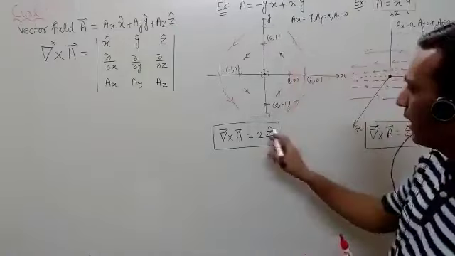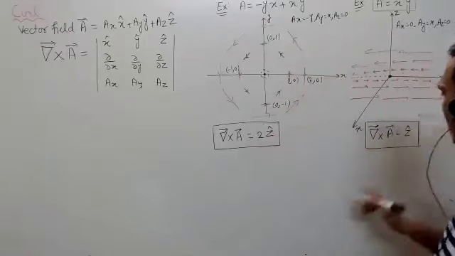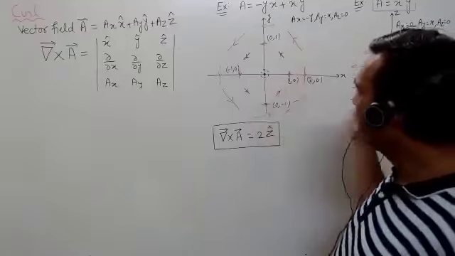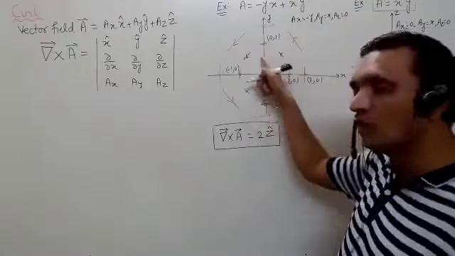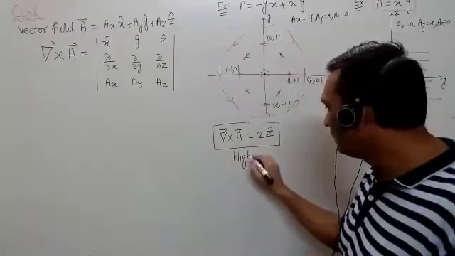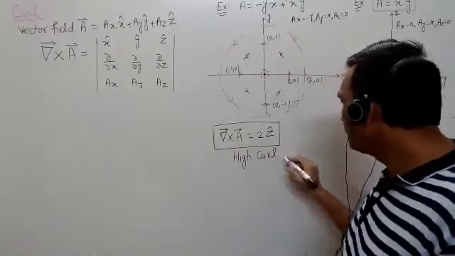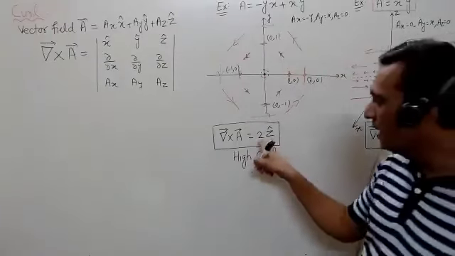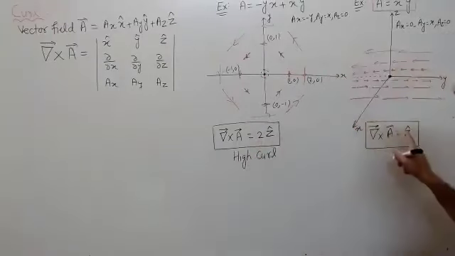Now you have to check the magnitude. This magnitude is 2 and this magnitude is 1. So if you compare these two fields, here you have high curl as compared to this vector field, because its magnitude is 2 and its magnitude is 1.